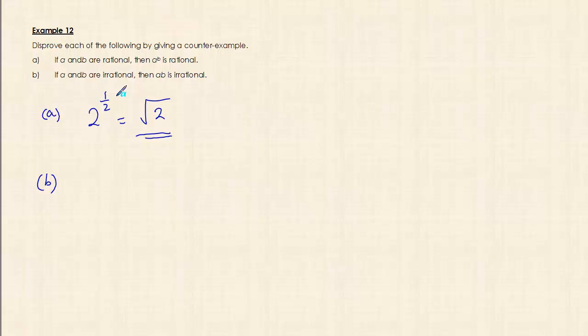If A and B are irrational, then AB is irrational. Root 2 is irrational, and so is root 8. But that's root 2 times 8, which is root 16, which is 4, which is a rational number.